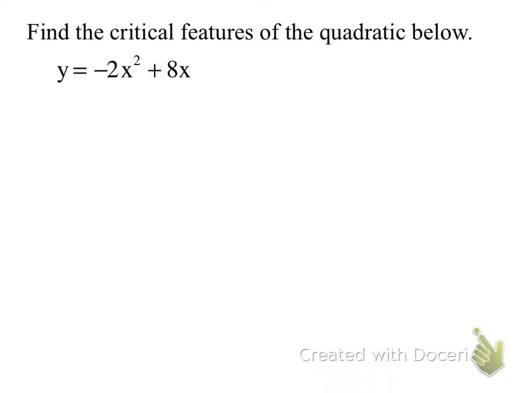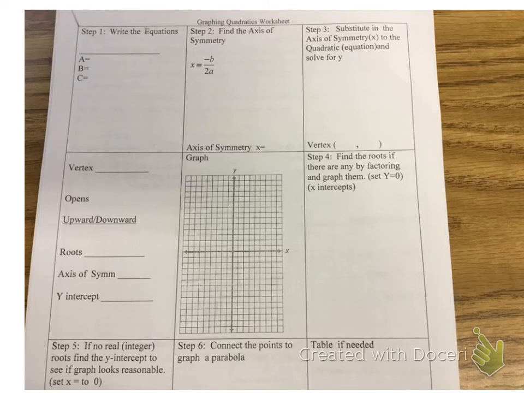Now, I'm going to show you how we use this. We're going to now take a break and go on to the worksheet. I'm going to pause it for a minute. You have this worksheet and we're all going to work on this.